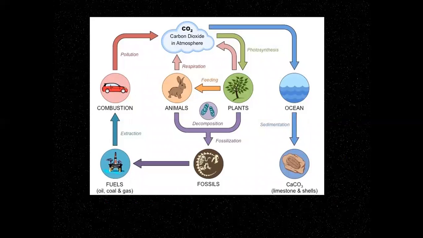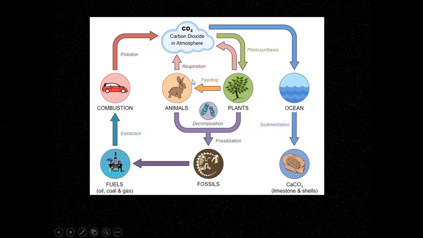Well, if we put this into a picture about the carbon cycle, we have trees that produce carbon dioxide in the breathing process. So carbon dioxide gets emitted into the atmosphere from trees, and animals will eat trees, or feed from the trees. Then in the respiration process, the animals are emitting carbon dioxide into the atmosphere.